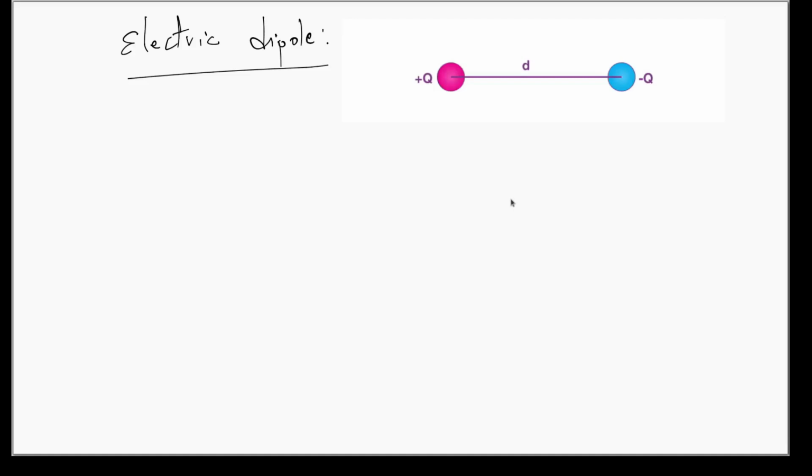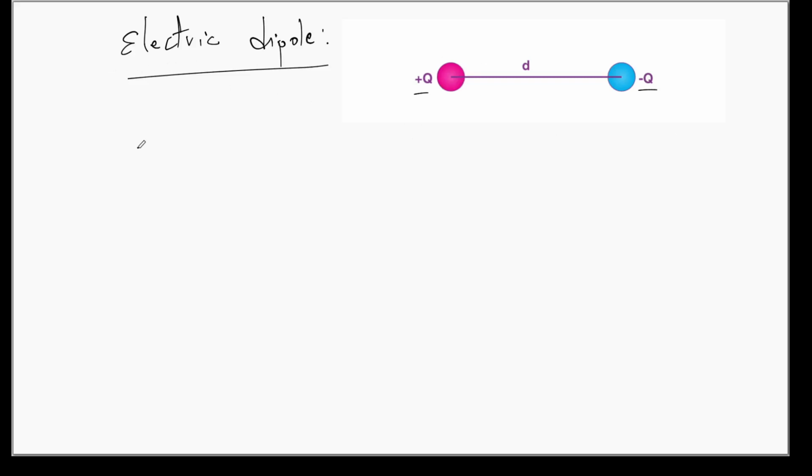Let us try to recall certain basics. We'll start with an electric dipole. This type of a structure constitutes an electric dipole. In an electric dipole, we have equal charges plus q and minus q. They are separated by a finite distance. In general, the charges and the separation are small. When two equal and opposite charges are separated by a small distance, then you call such an arrangement an electric dipole.